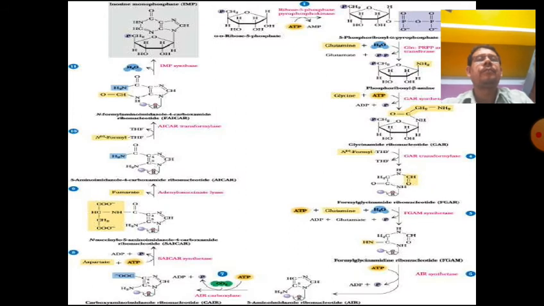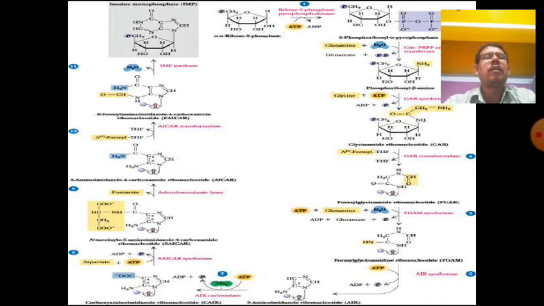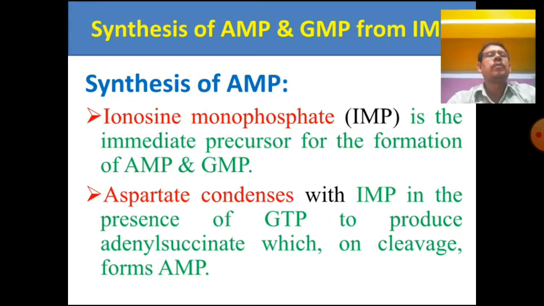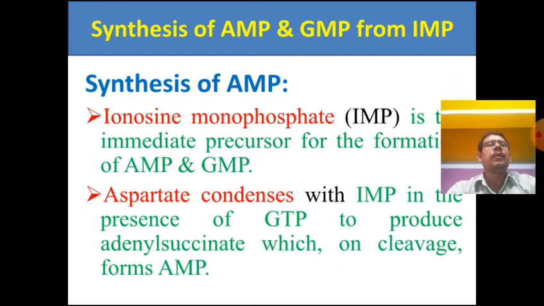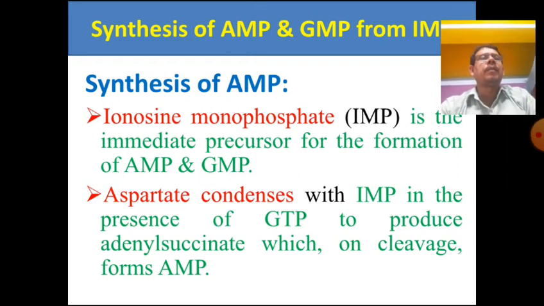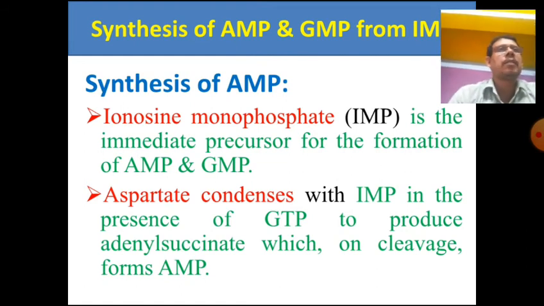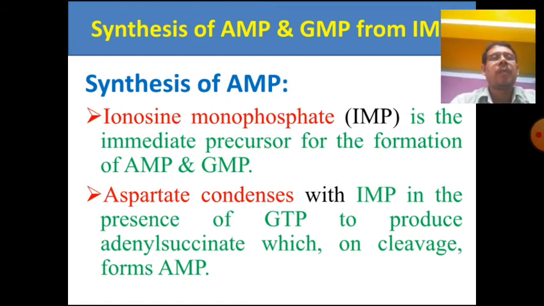See carefully. And this is the complete pathway, where inosine monophosphate comes from ribose 5-phosphate. The synthesis of AMP and GMP from IMP. Actually, the first precursor molecule is IMP, which comes from the first 10 steps of reaction from ribose 5-phosphate.